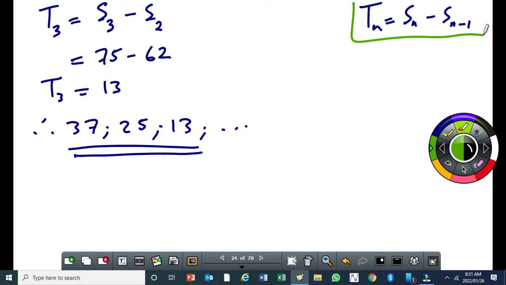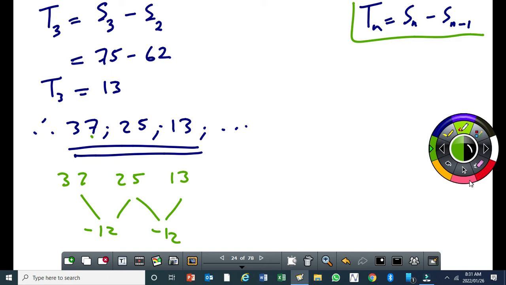Right? So the next part is to find, we have got three terms. Right? Our D is going to be negative 12. That's our D. Right?